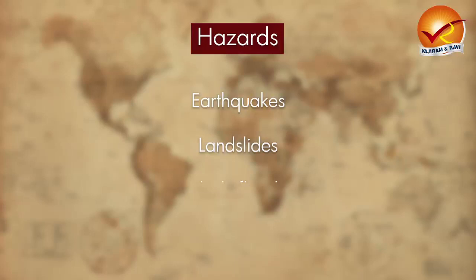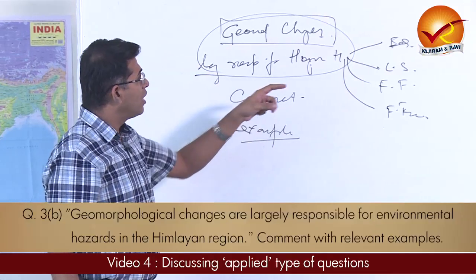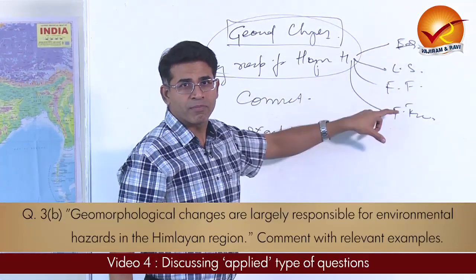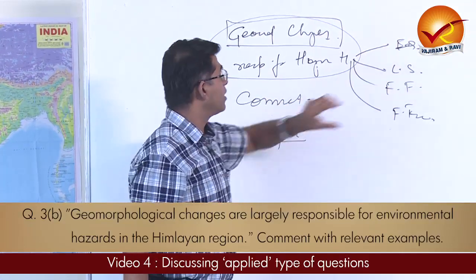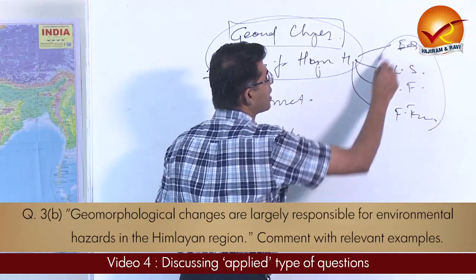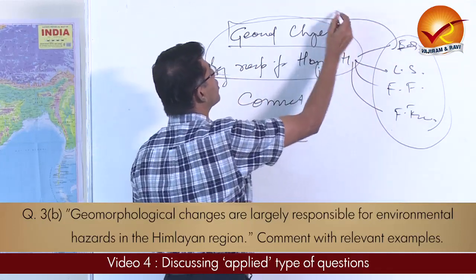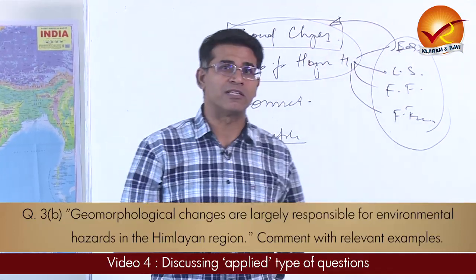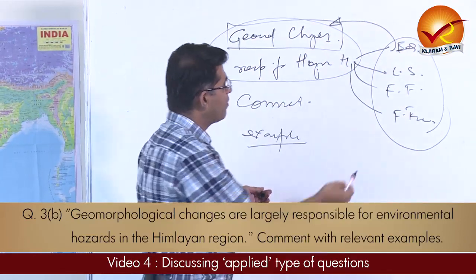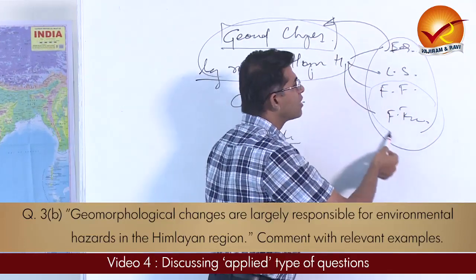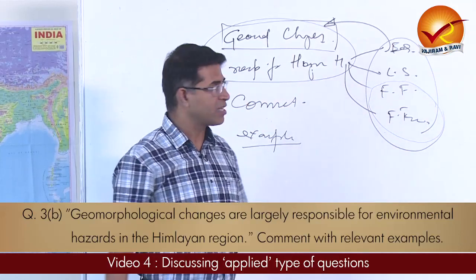We have had flash floods as problems, and we also have problems related to forest fires. If you talk about these problems that are frequent in Himalayas, now the question is asking, how are these related to the geomorphological changes? Most of us probably won't even discuss the flash floods and forest fires.